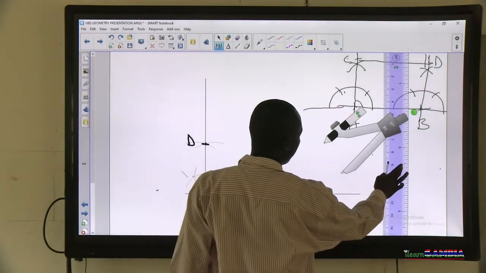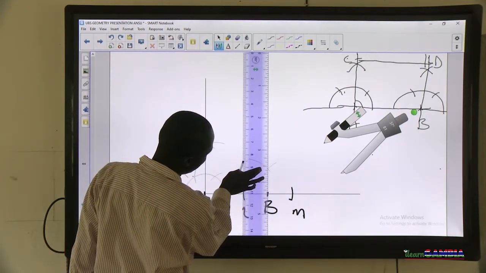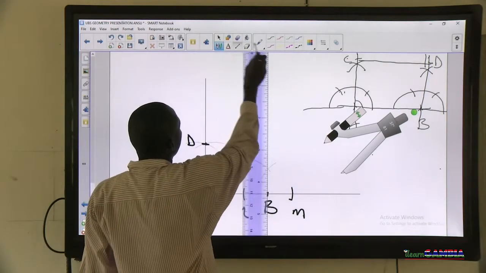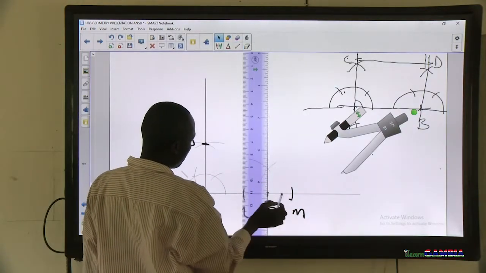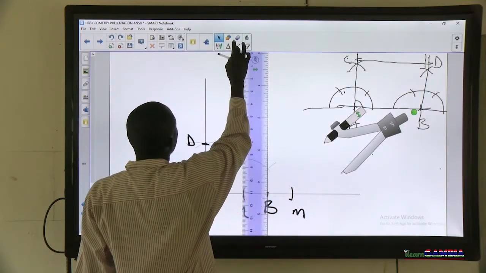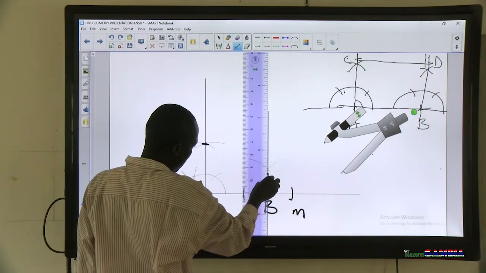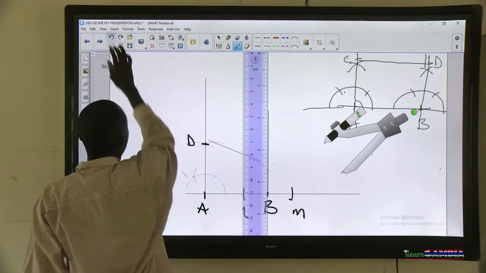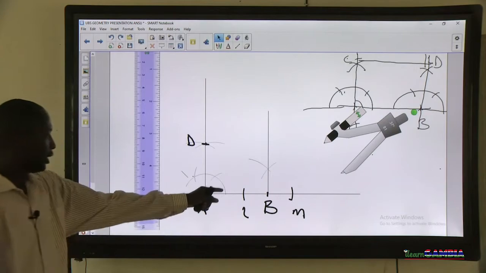I take my ruler and join that point of intersection to point B.